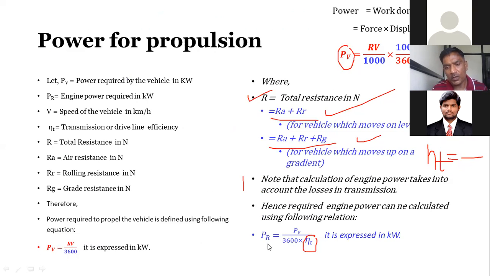So accordingly, we can have this relation. Transmission efficiency is equal to PV by PR, and we have just rearranged the term. Then we can get the value of PR, that is the required engine power. So in some of the examples, PV will be asked, and if we get the value of PV, accordingly we can calculate the required engine power.